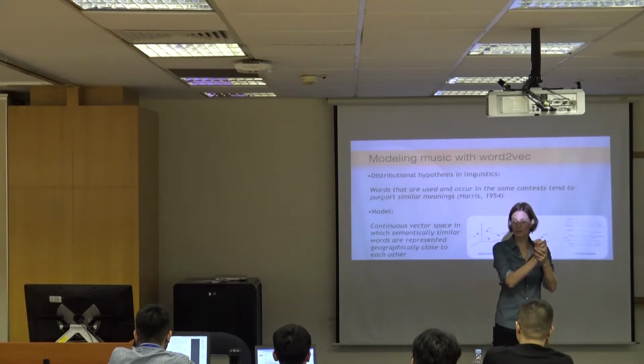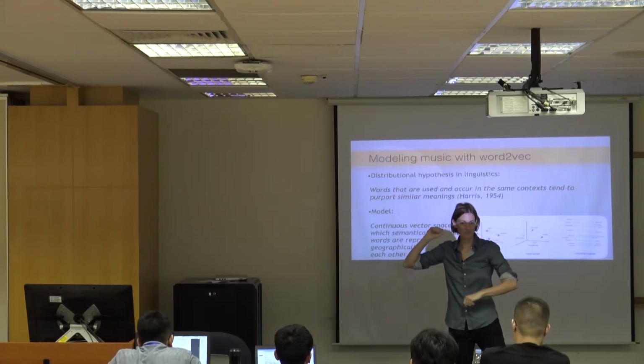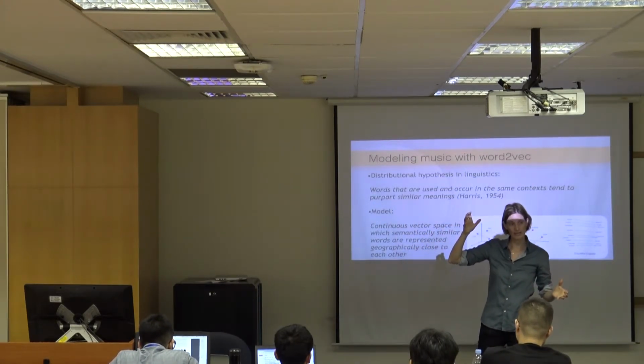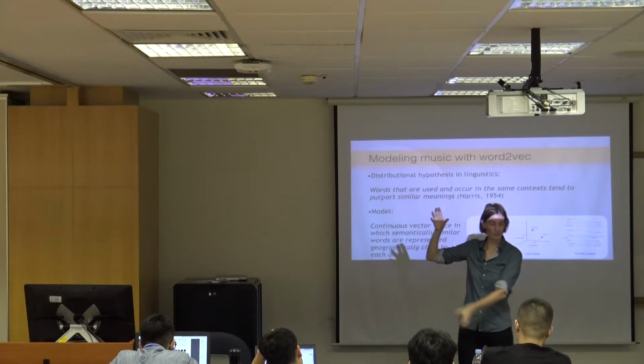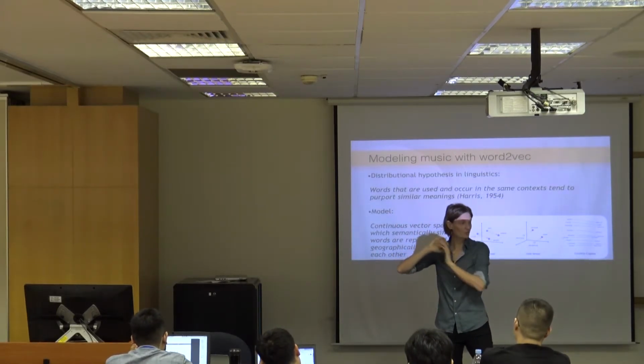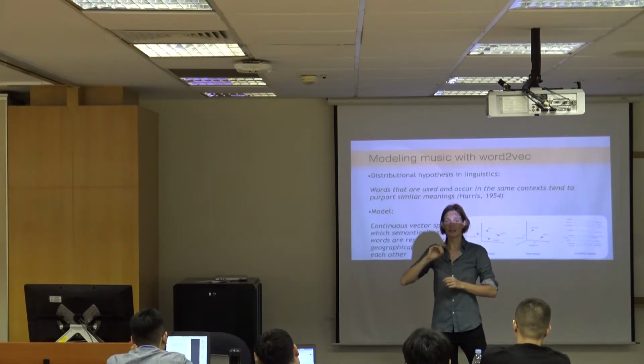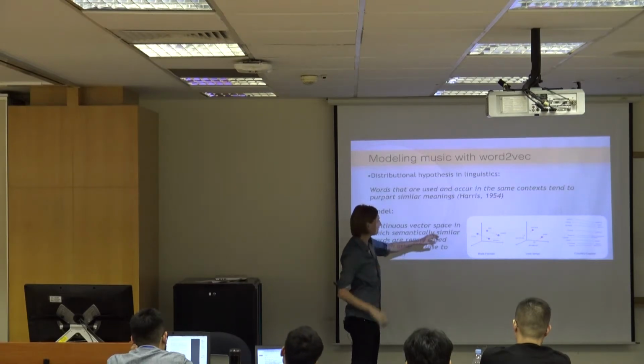So the model takes one word and puts it in this multidimensional space. It gives it a location. And we can sort of assume that if words appear close together, they mean the same thing. What's more, there are these cool things in the space, and that's this famous example, I don't know if you can see it.